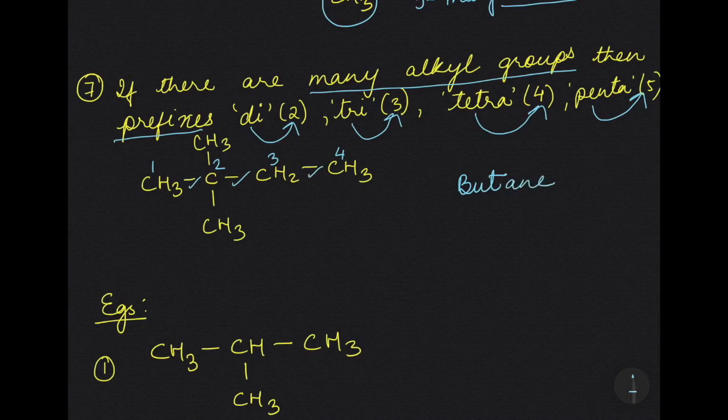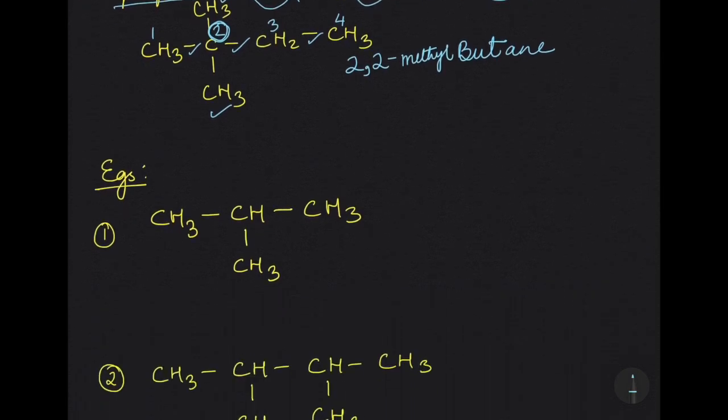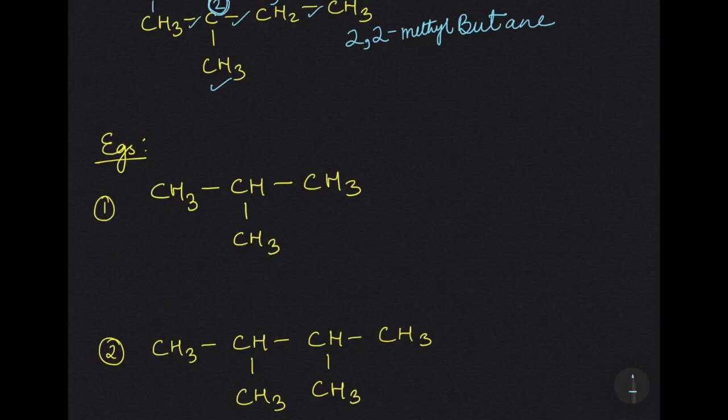Okay, and 2 methyl groups are attached to the second carbon, so that you're going to write in front of the parent hydrocarbon. So 2,2-dimethylbutane. Okay, now next, moving on to some examples of IUPAC names.